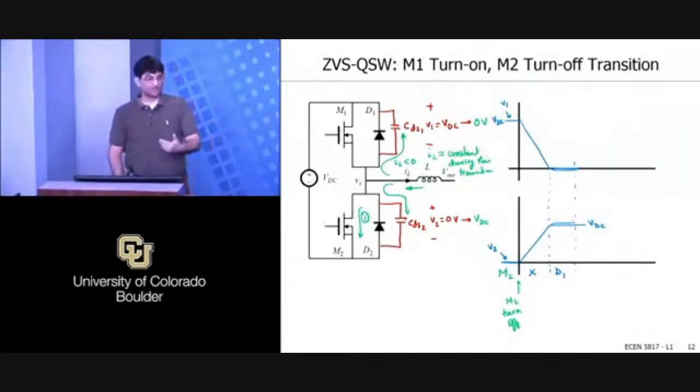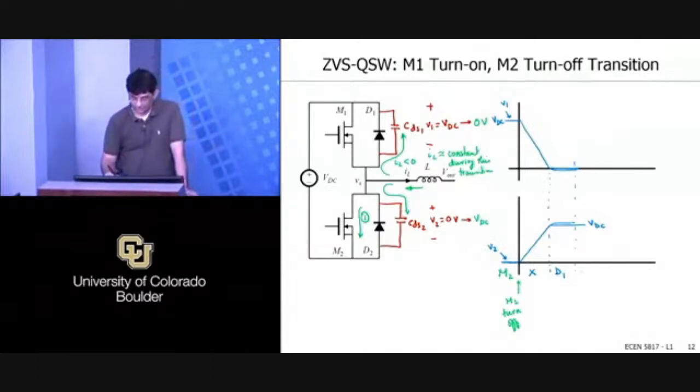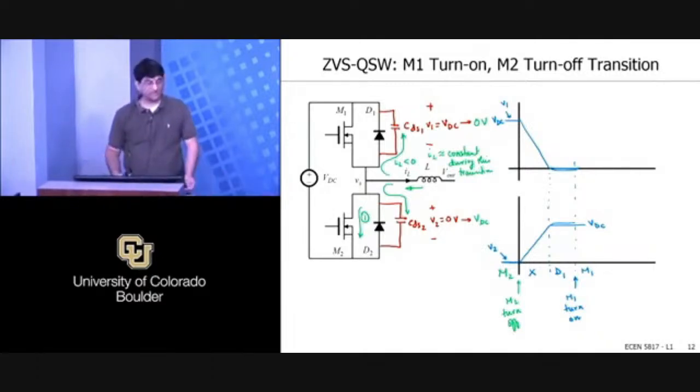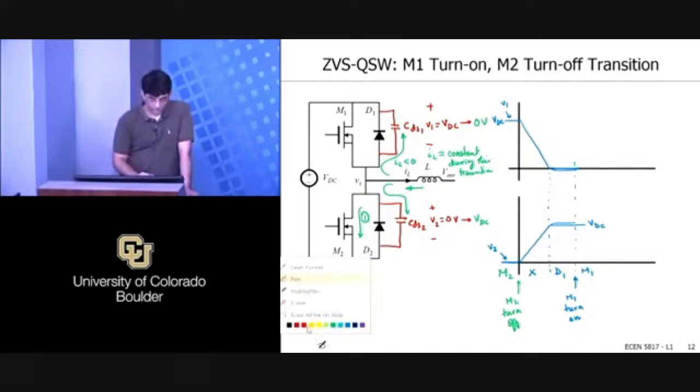And it has no voltage across it. It's essentially 0 volts, right? So then I can just go ahead and turn on M1, all right? And if I do that, then essentially I have 0 voltage turn on of M1, right?